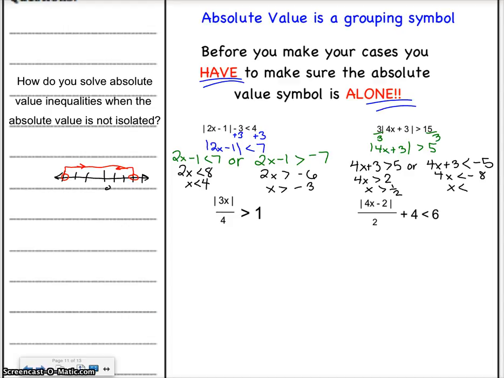X is smaller than negative 2. This is an or, isn't it? Because if you think about it, if you're bigger than a half, you're going this way. If you're smaller than negative 2, you're going that way. That's an or graph still.